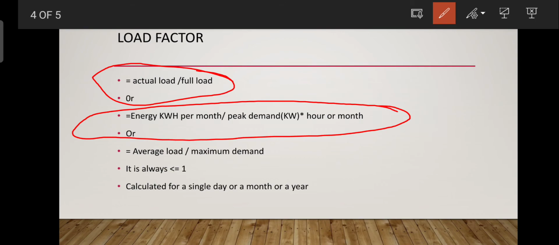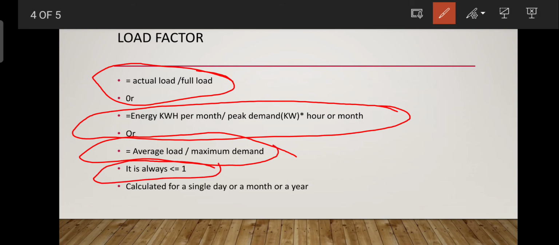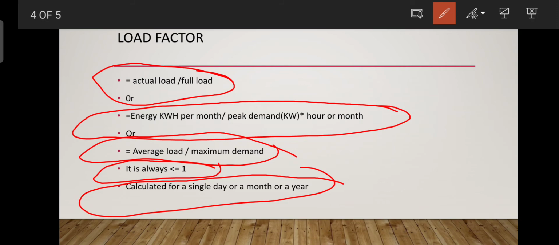The formula of load factor is average load divided by maximum demand. Remember that it is always less than or equal to 1, and it is calculated for a single day, a month, or a year. This is our load factor.